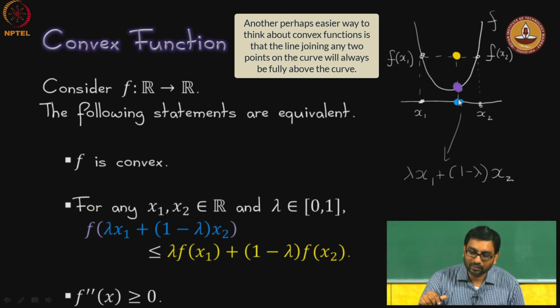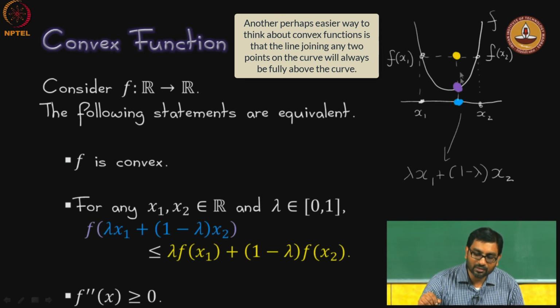Now, if you apply f to that point, that is the left hand side. For a convex function, you get to this point on the function, that is this purple point over here. You compare that with the point you get by thinking of f of x1 over here, f of x2 over here, and then taking the corresponding point parameterized by lambda in the segment connecting f of x1 to f of x2.